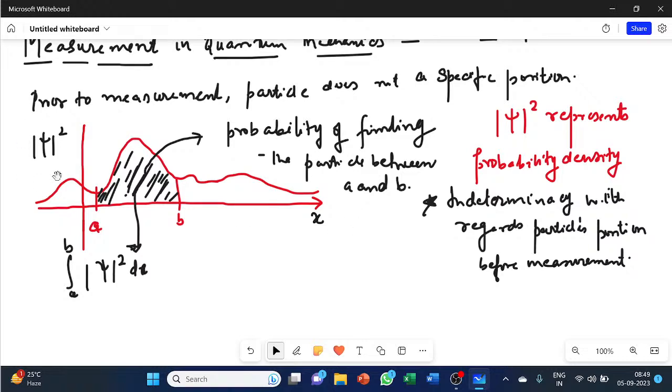But right now, since I have not formulated the definition of psi, it's a little bit difficult. But understand the point. Take it as a postulate that there is an indeterminacy with regards to a particle's position before measurement. I'm writing here position. You can take this as well as momentum. And once you know momentum, then p square upon 2m is kinetic energy, so all these things will follow. Is that clear or not clear?